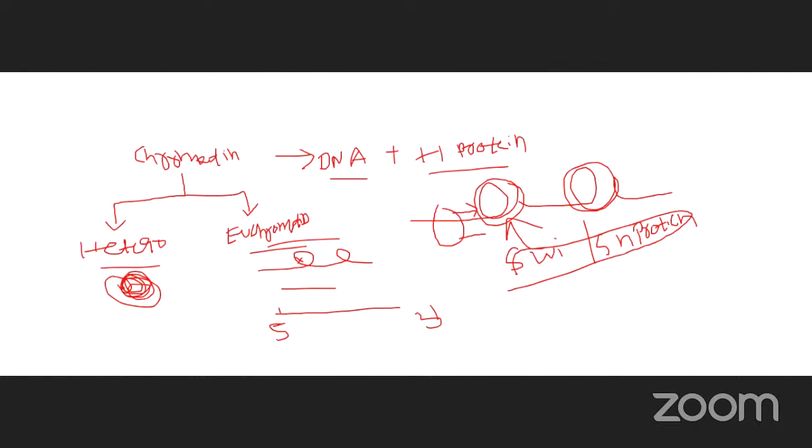Here the cytosine is present, because guanine is opposite cytosine. To the cytosine a methyl group is attached. When it is attached by a methyl group, this process is called methylation.